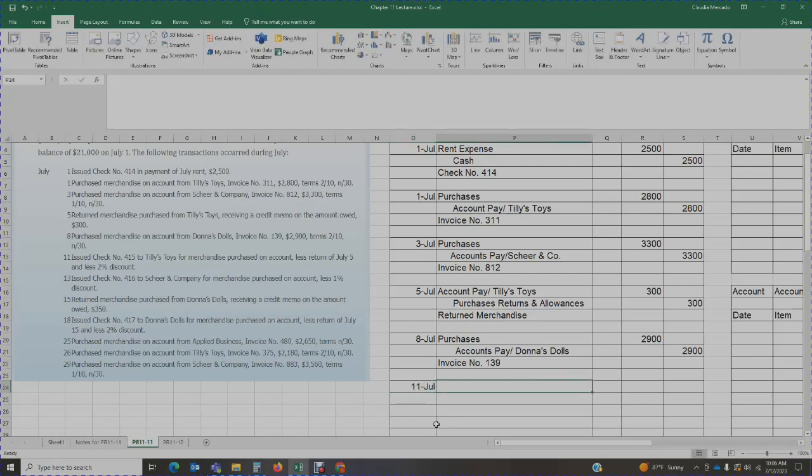So let's first identify the accounts that are going to be affected. It says here that we are paying the balance due to Tilly's Toys for the merchandise purchase on account. So if we're paying Tilly's Toys, then we have to clear out that payable. That accounts payable needs to be cleared out.